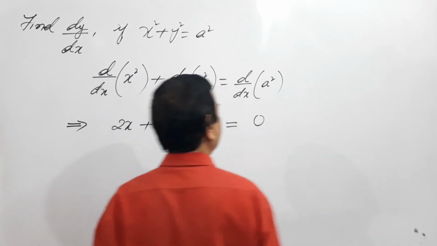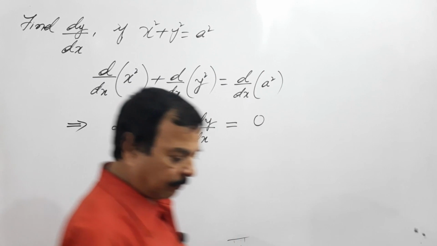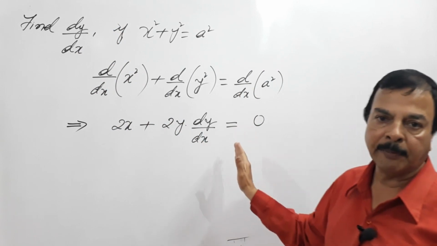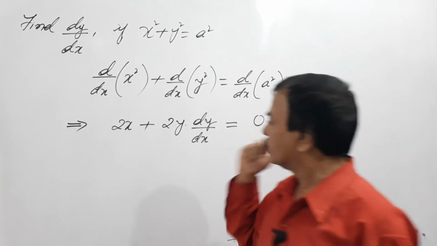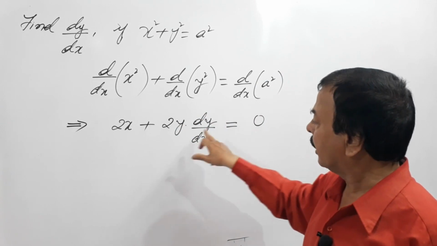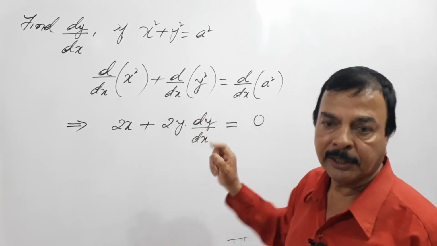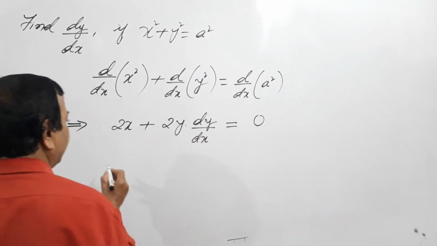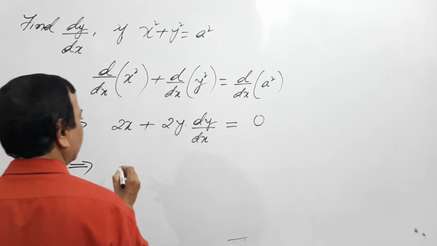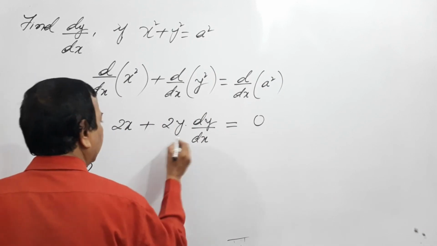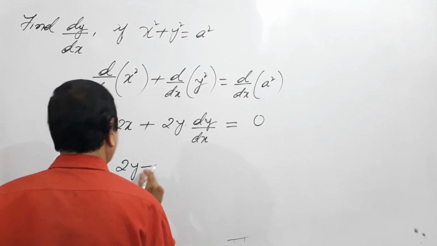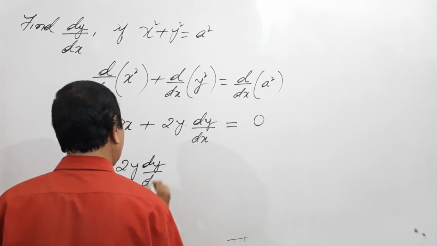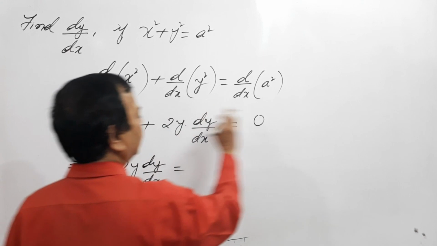So this becomes 0. Then we are asked to find dy by dx, so you have to solve for dy by dx. How to go about it? I'll teach you. Assume y also has to be differentiated, and later on you find dy by dx. This is the proper way. So that is 2y into dy by dx equals, send this to the right hand side.